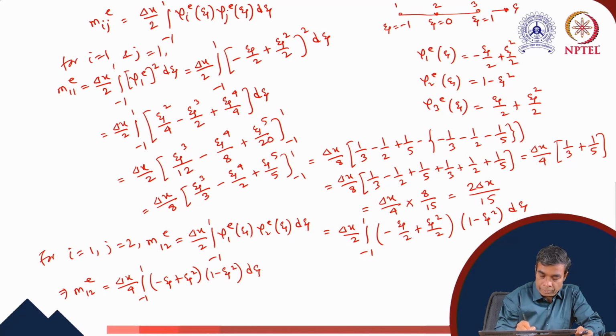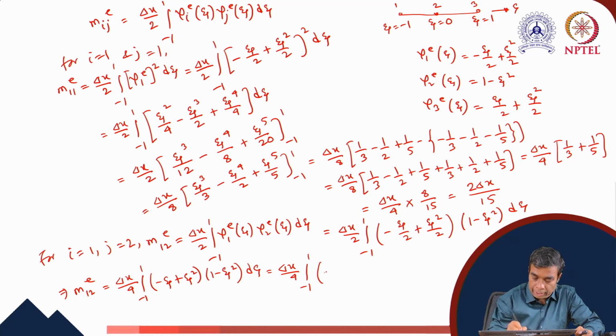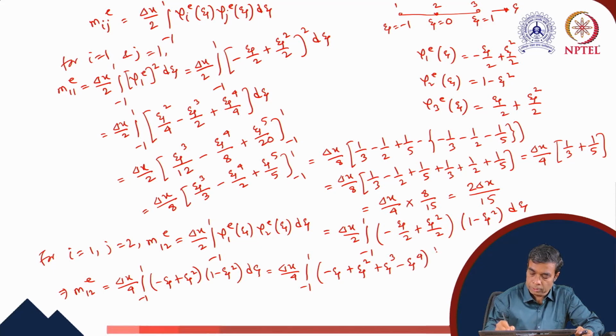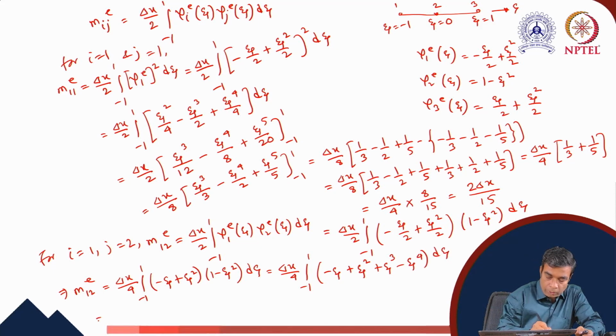square dξ, equals Δx by 4 integration from minus 1 to 1. We have minus ξ plus ξ square plus ξ cube minus ξ to the power 4 dξ, equals Δx by 4. After integration we get minus ξ square by 2 plus ξ cube by 3 plus ξ to the power 4 by 4 minus ξ to the power 5 by 5.